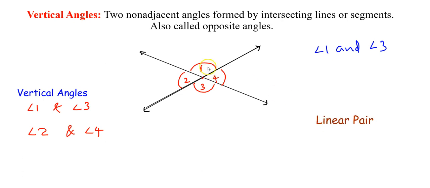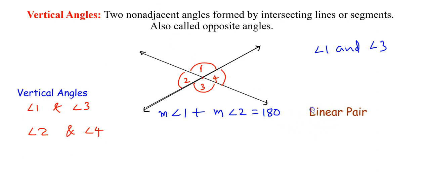That is, the sum of the measures of these two angles is 180 degrees. They are supplementary. That is, the measure of angle 1 plus measure of angle 2 is equal to 180 degrees because they are a linear pair, and the property of a linear pair is that the total is equal to 180 degrees.